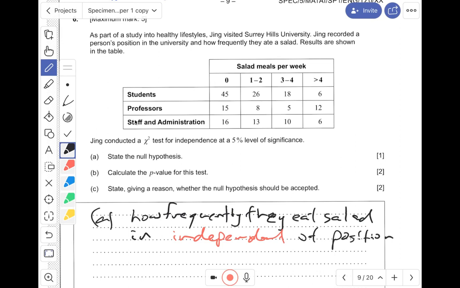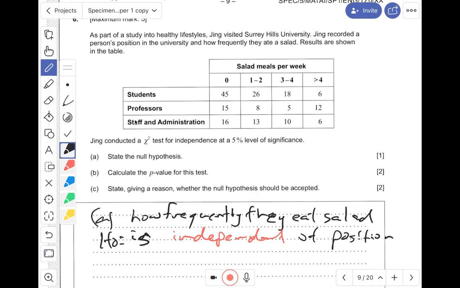All right. That's my null hypothesis. And again, I could abbreviate that as H naught. That is the standard symbology for the null hypothesis.